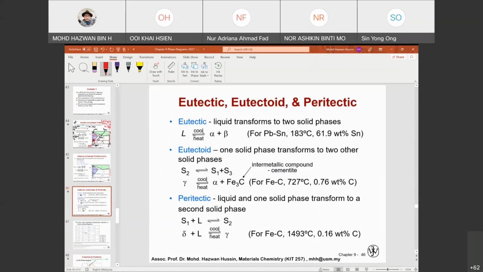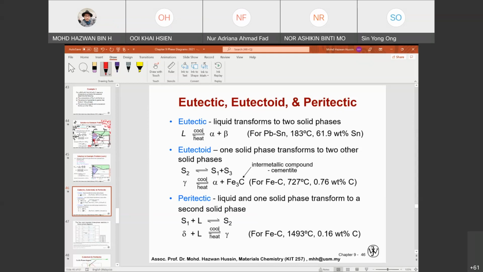For the case of lead-tin, you will have liquid double-headed arrow forming alpha plus beta. Eutectoid, normally you will see a lot in the cast iron phase diagram or even in other phase diagrams. Eutectoid is defined as one solid that transforms into two other solids.